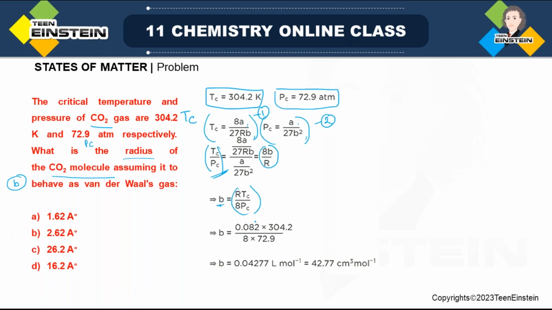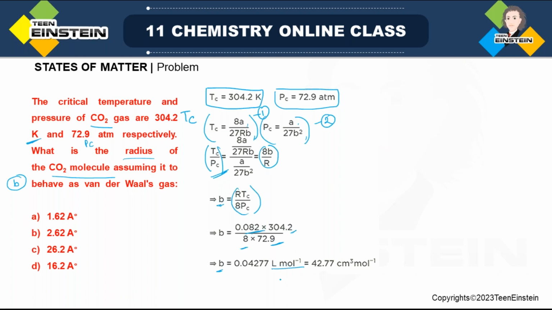Now put all the values. R value is 0.082, then 304.2, which is temperature, already in Kelvin scale, so we don't have to change the unit. Then we have 8 and this is Pc. As you have taken R value in liter atmosphere, the final value of b should be in liter per mole.